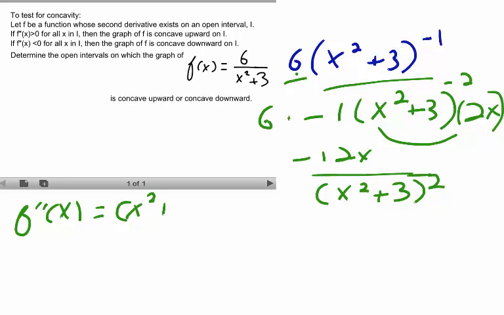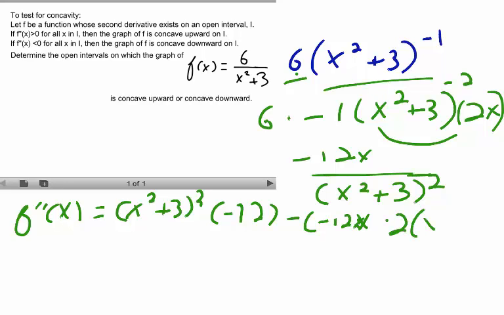That gives us x squared plus 3 squared times negative 12 minus negative 12x times 2 times x squared plus 3 to the first times 2x.